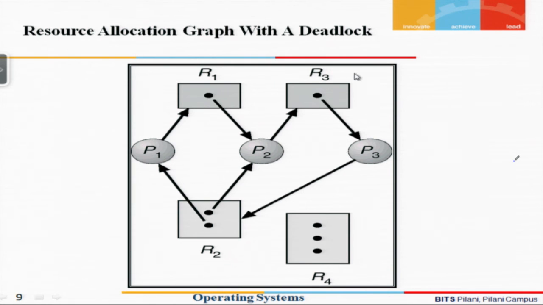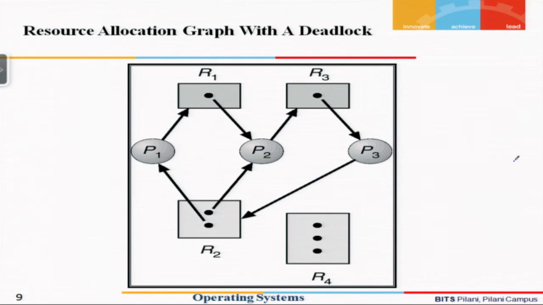So, we find that there exists a cycle. We have a resource allocation graph, and inside that resource allocation graph there exists a cycle, and in this graph we find that the processes P1, P2, P3 are in deadlock. So, we would try to relate the deadlock with the existence of a cycle.